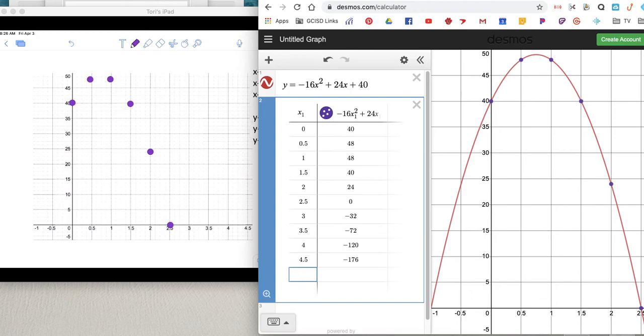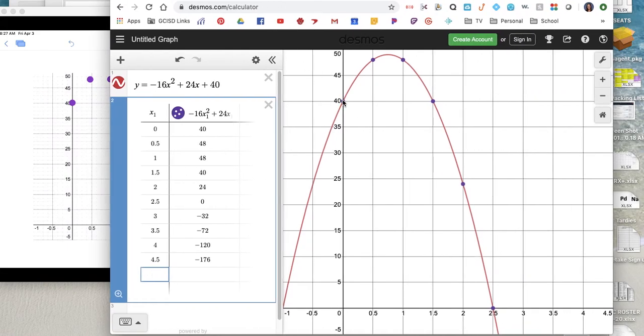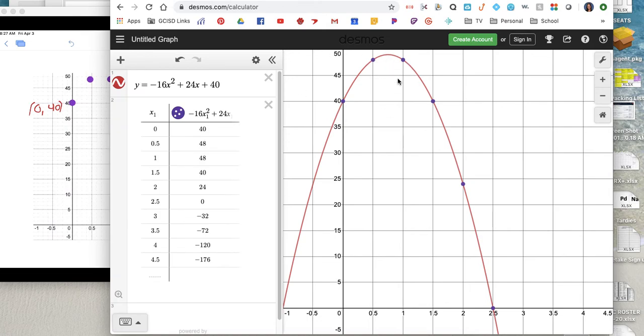I'm going to look on my calculator to make sure I know all my points. If I look right here, I know my y-intercept. My y-intercept is (0, 40). But I don't know where my maximum is because it's not these dots. I don't need these. I actually need the one that's perfectly the highest right here in the middle.